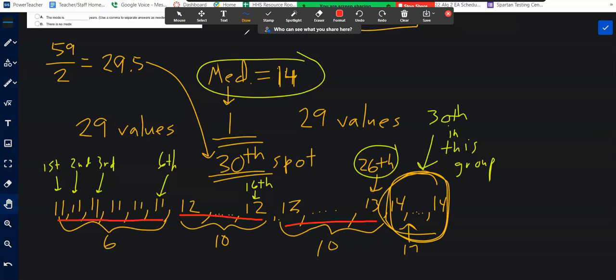So now we're up to the 26th spot. We still have not gotten to the 30th. And so in the next group, which is 14s, we have 17 of those values. That definitely contains the 30th number. So the 30th number in the group is a 14. Therefore, the median is a 14. You just kind of work your way up from the bottom.